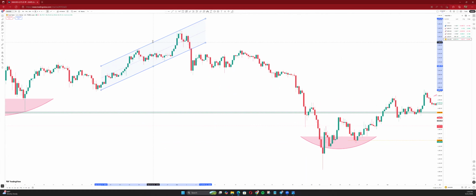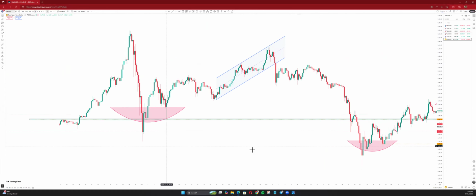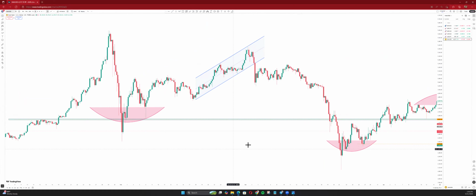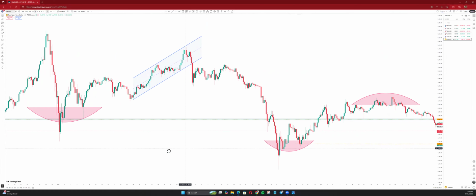Then I'll point out somewhere which is going to be our downtrend. Okay, so where's going to be our downtrend? I want to look for a significant place that makes a lot of sense.